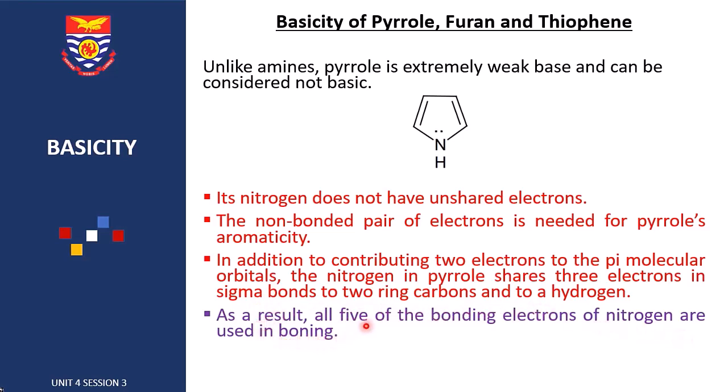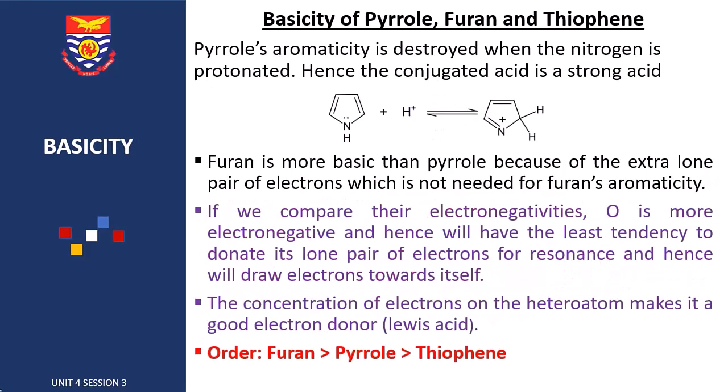So all of them are involved in bonding, and as a result, it has no pair of electrons to donate to make it a Lewis base. Then again, pyrrole's aromaticity is destroyed when the nitrogen is protonated, right? Hence the conjugate acid is a strong acid, making the base an extremely weak base.